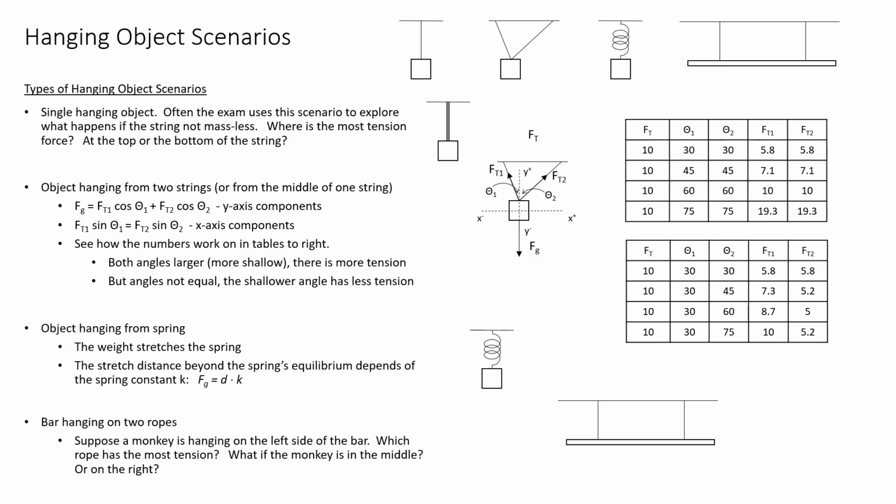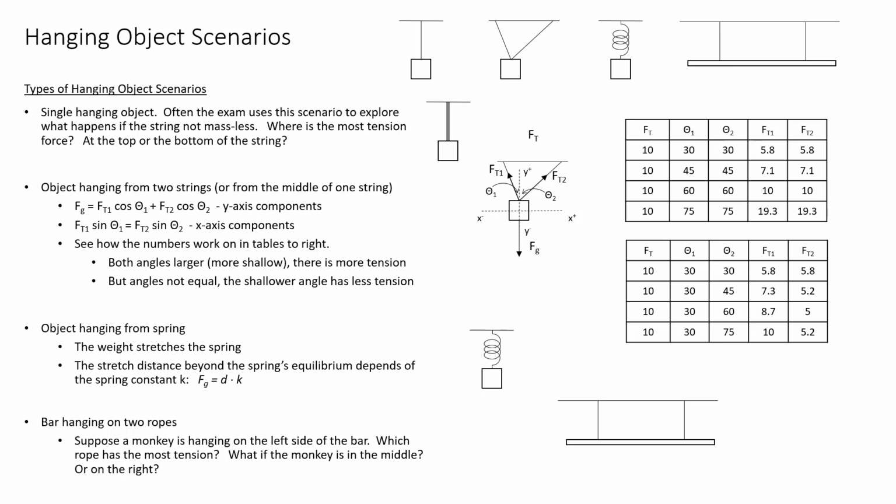And this situation is described by these two equations. The first equation is the weight of the object, that's the gravitational force, is equal to the projection of the tension force on each string onto the y-axis. And so those two have to balance, because there's no acceleration in the vertical direction.